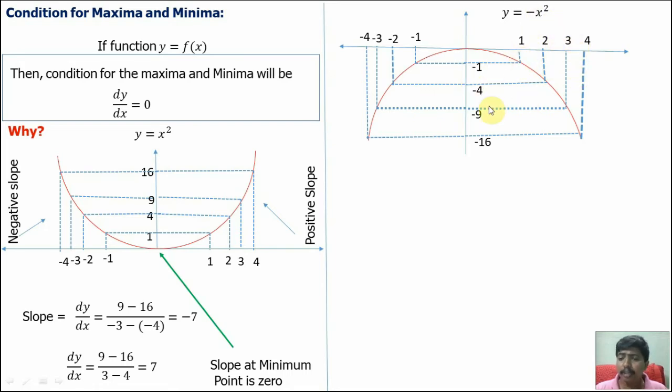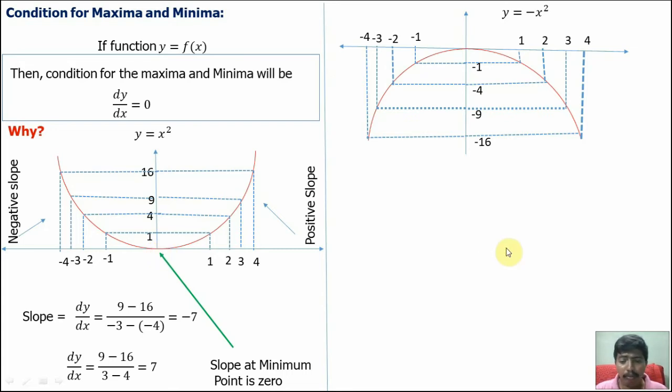X equal to 3, minus 9. Substitute these points in this function and plot the graph. You will get this graph. The plotted function is y is equal to minus x square. This is the maximum function because at a particular point the function value will be maximum. The earlier one is a minimum function because at a particular point it got the minimum value.